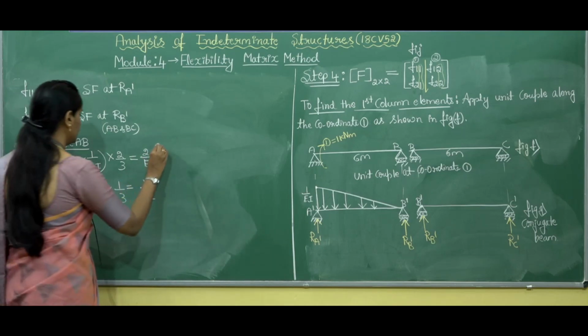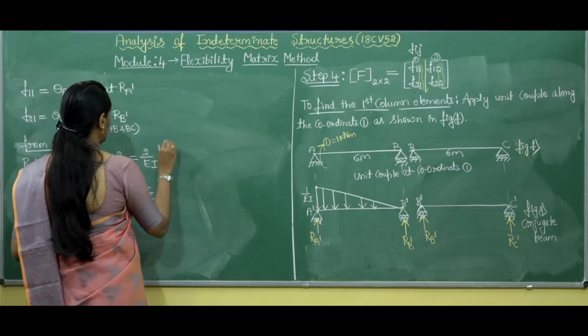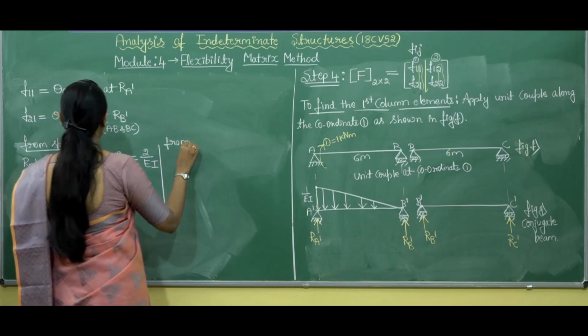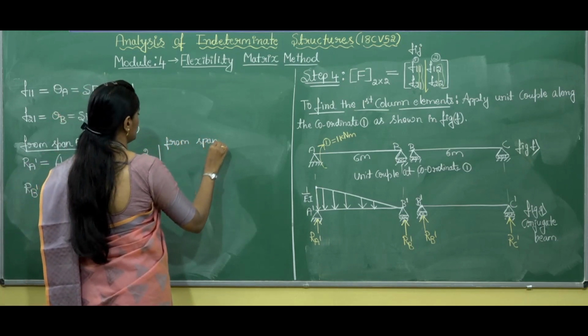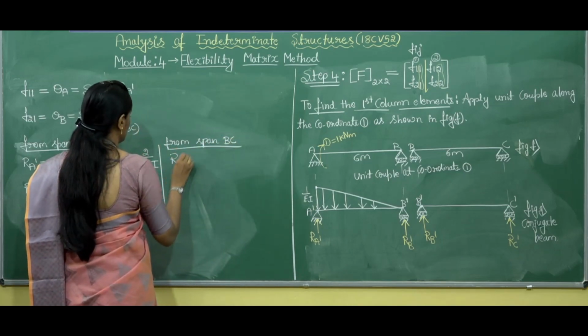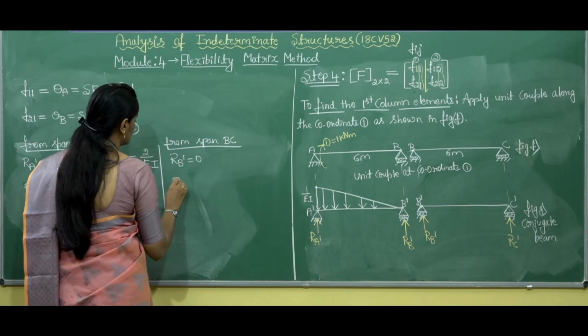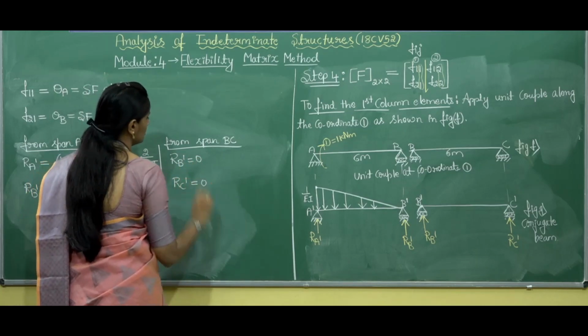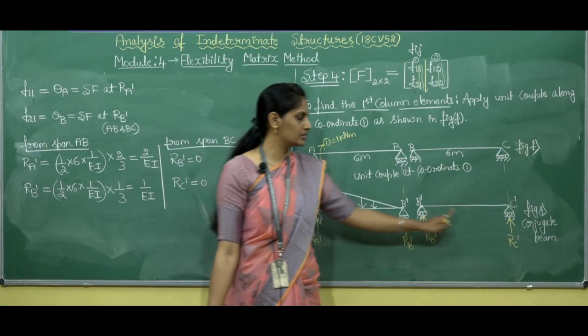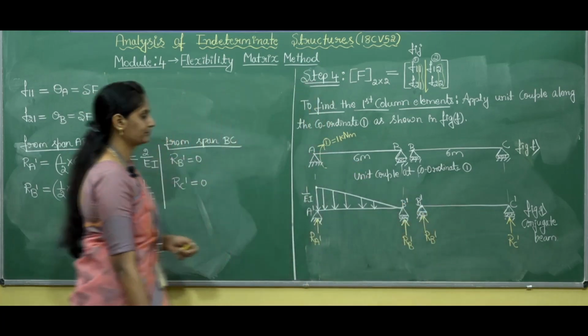So in the same manner, if you find RB dash and RC dash from span BC, RB dash equals to 0 and RC dash is also equals to 0, because we don't have any sort of loading on this particular span.